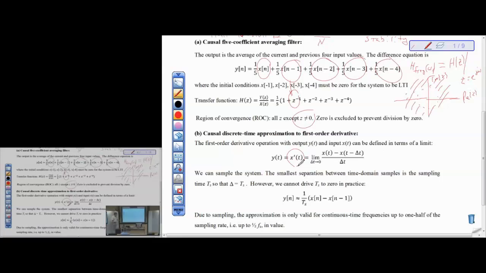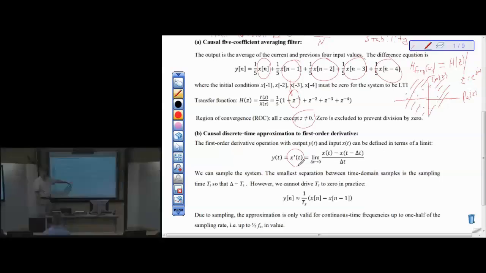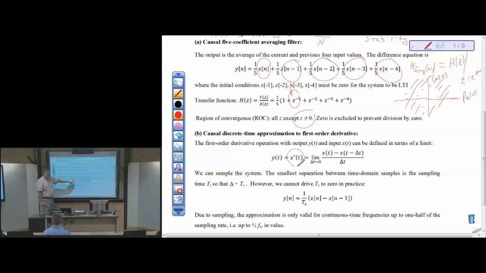Now, the reason the limit definition is useful is that we can convert this to discrete time pretty cleanly by just sampling the input-output relationship. By sampling, we mean replace little t with some integer multiple of the sampling time, usual stuff, uniformly spaced samples in the continuous time domain.